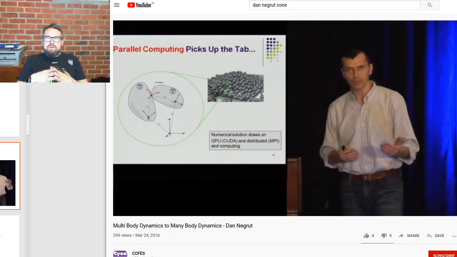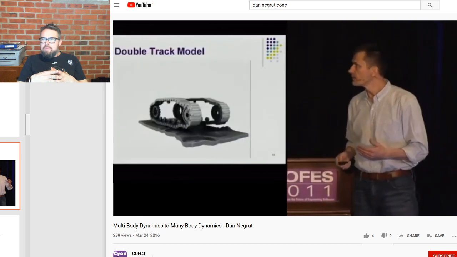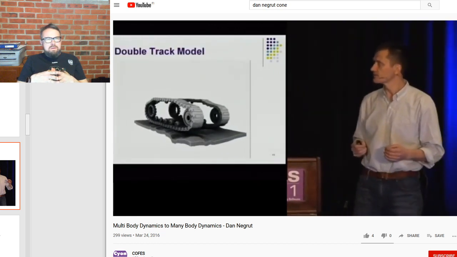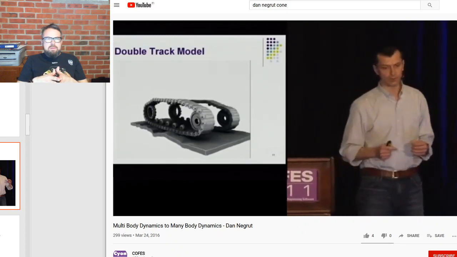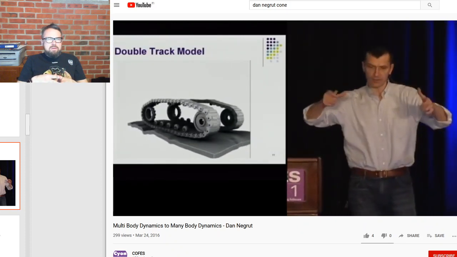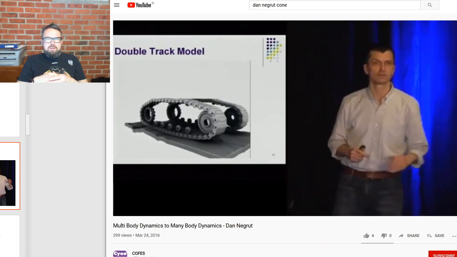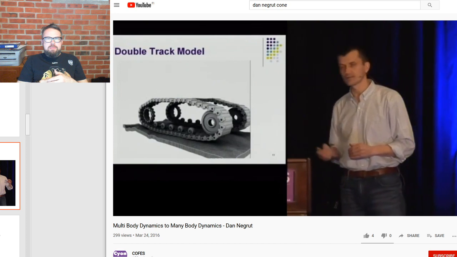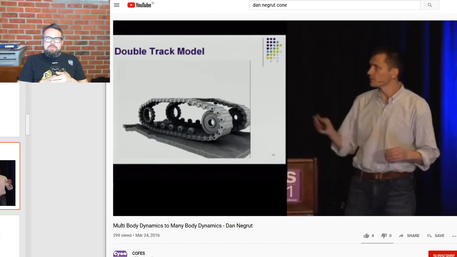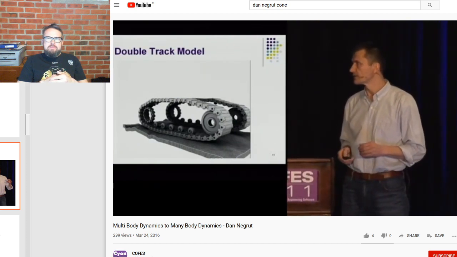And this is what we did. Here you have a system that has about 500,000 parts. This is a project that we work on for the Army. We are interested in how the terrain deforms under a tracked vehicle. And for 18 seconds of simulation, it took about 1 day to carry out this analysis.